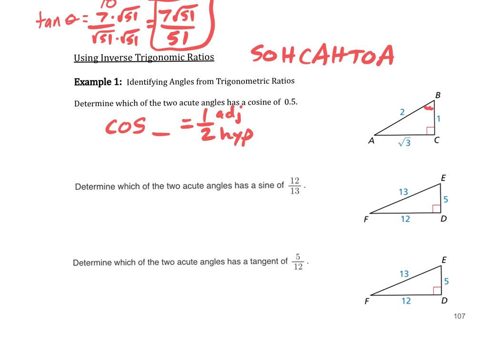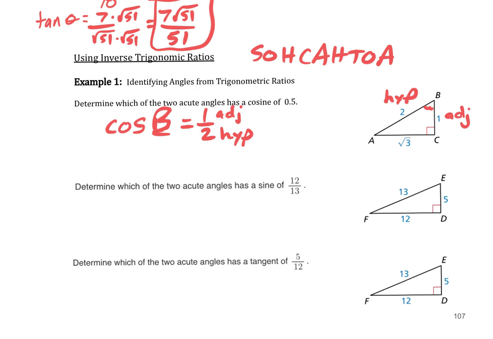This would be the adjacent side. If I went from A, this would be the opposite. This would be the adjacent. Okay? So we want, this is adjacent. And this is the hypotenuse from B. So we would say the cosine of B equals 1 over 2.